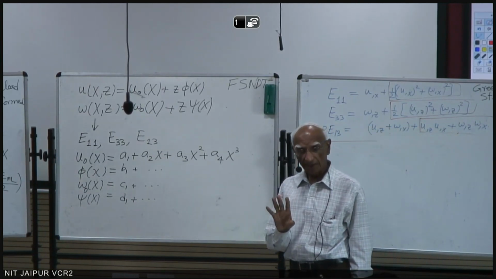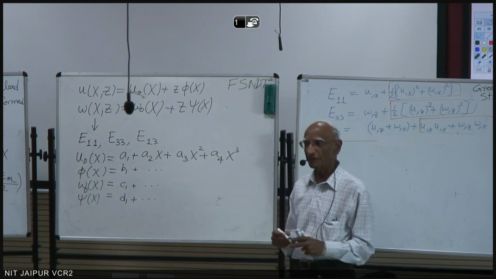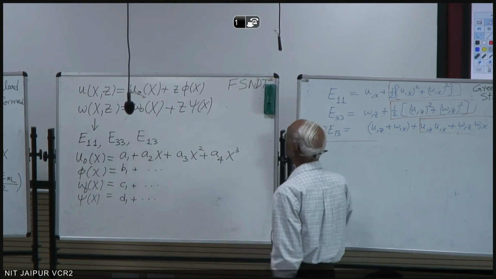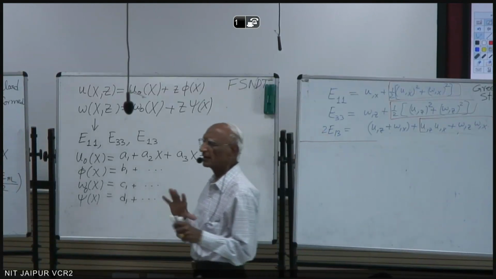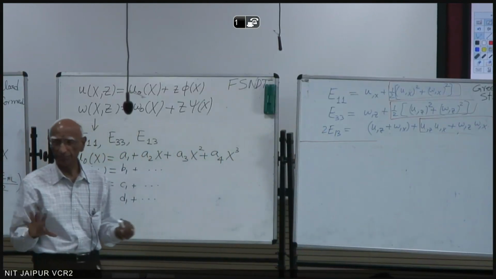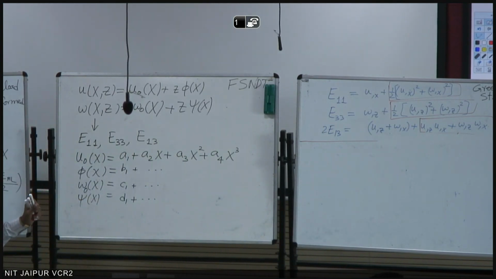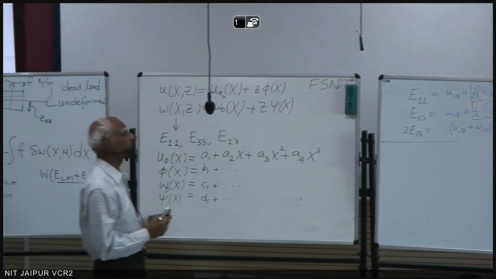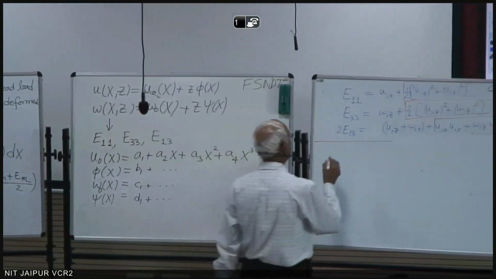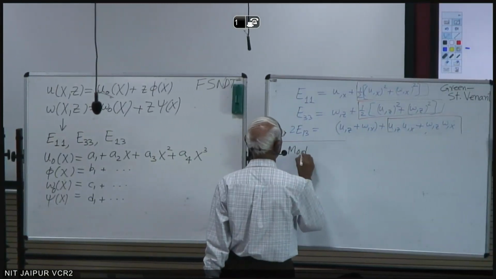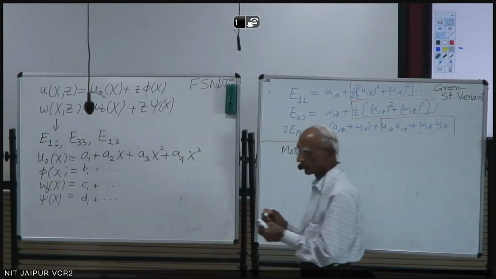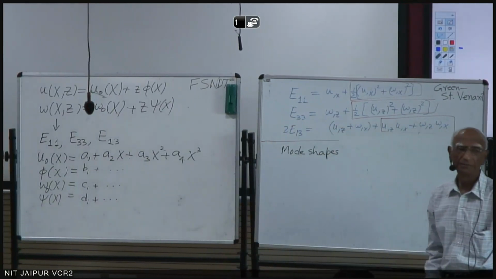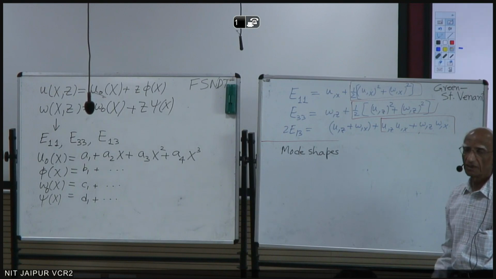Another possibility, which will be a better approximation, I think, is to do the problem for the linear case, small deformation theory. If you do the problem for small deformation theory, you can find mode shapes, which means I'm really doing vibration problems.